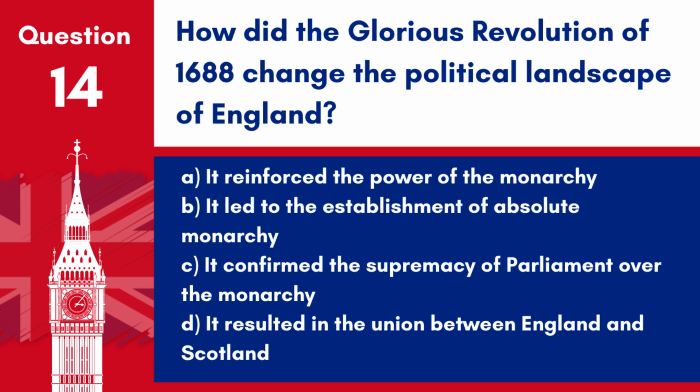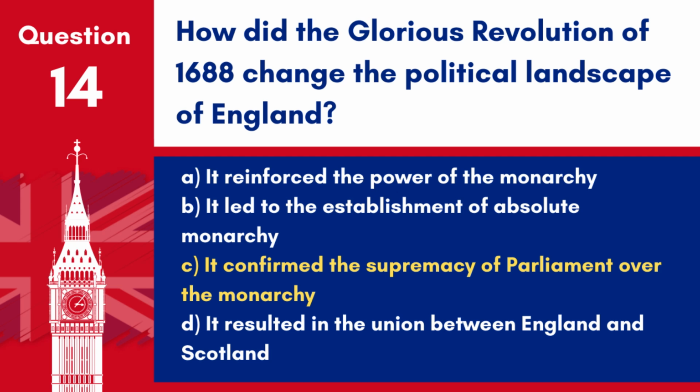How did the Glorious Revolution of 1688 change the political landscape of England? A. It reinforced the power of the monarchy. B. It led to the establishment of absolute monarchy. C. It confirmed the supremacy of Parliament over the monarchy. D. It resulted in the union between England and Scotland. Answer. C. It confirmed the supremacy of Parliament over the monarchy.